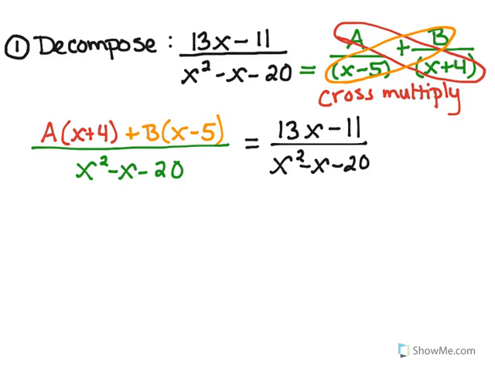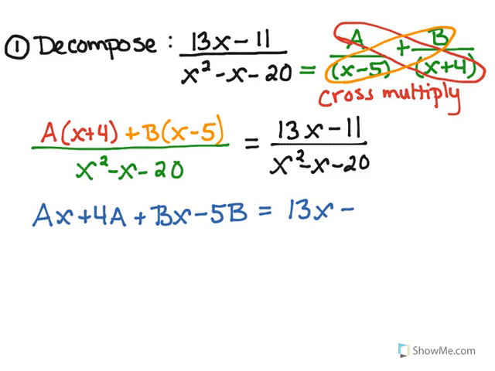So now I can kind of ignore the denominators altogether and just set the numerator equal to the numerator. So in doing that, we're going to end up with ax plus 4a, so I'm just distributing, plus bx minus 5b is equal to 13x minus 11. So now we want to group things.